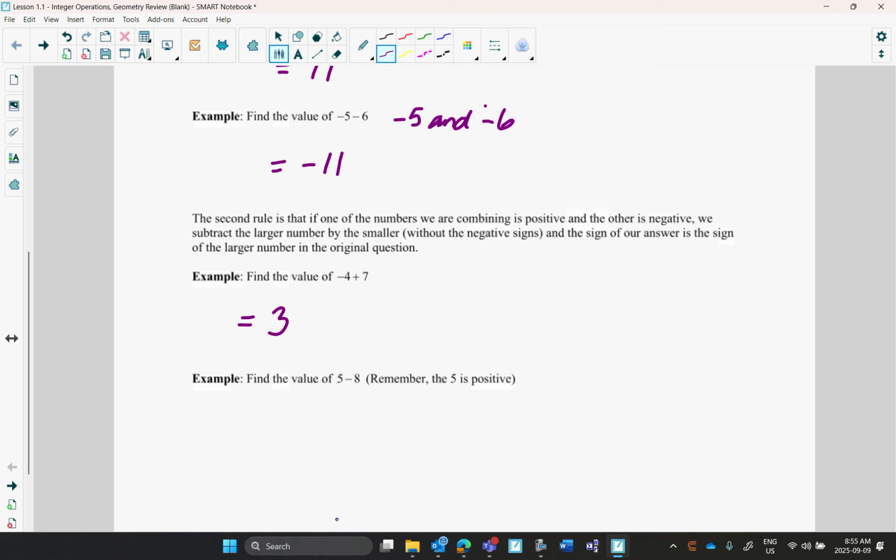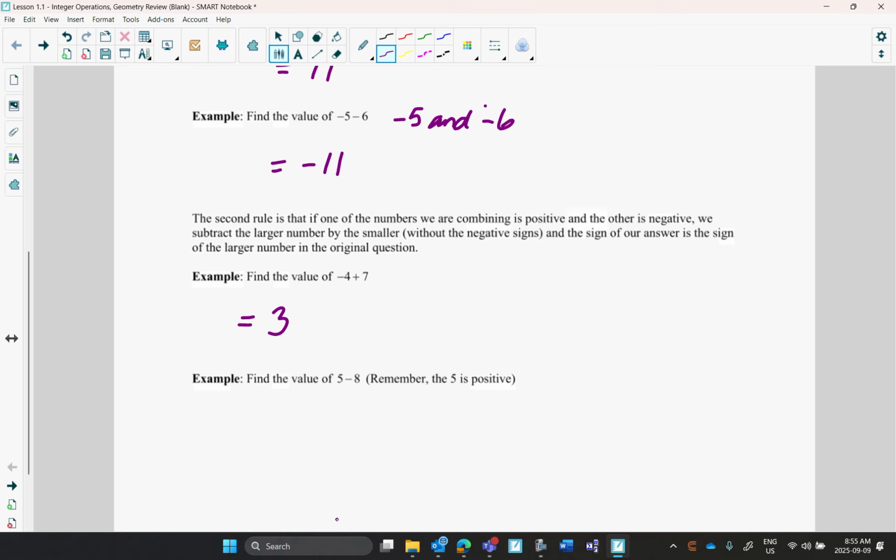Some people think that when we add a positive and a negative, subtract the 2 numbers, the smaller from the bigger, and then whatever bigger number had the positive or negative in front of it, that's the sign of the answer. So I would think 7 minus 4, but there's more positives. So 7 minus 4 is 3, but there's more positives, so the answer is 3.